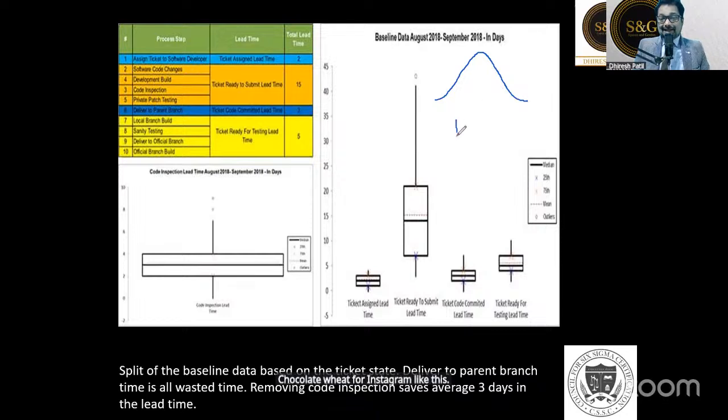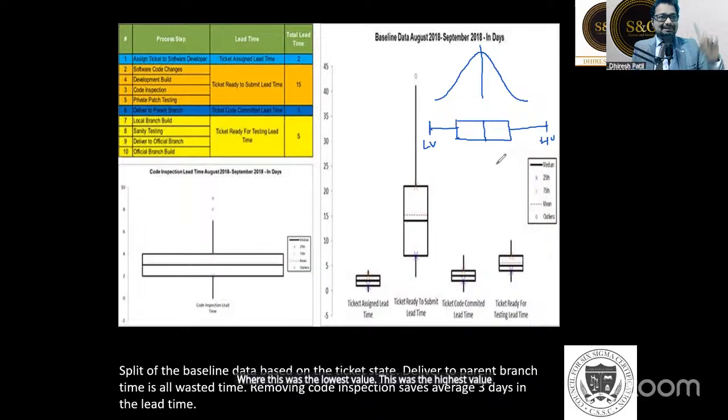Below that, there was a plot like this, where this was the lowest value, this was the highest value. Remember that? This was the first quartile, Q1, this was Q2, and this was Q3. Yes, below the histogram, exactly.